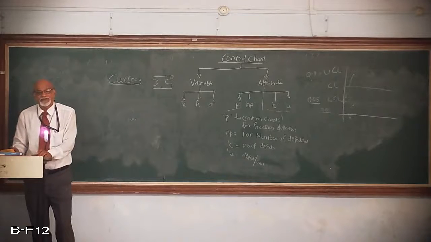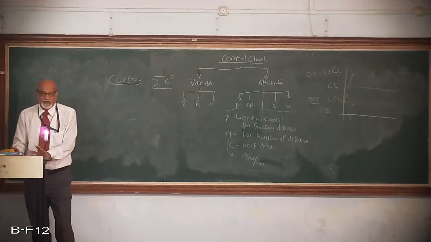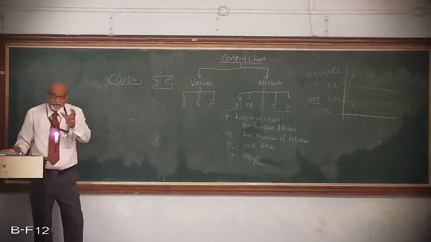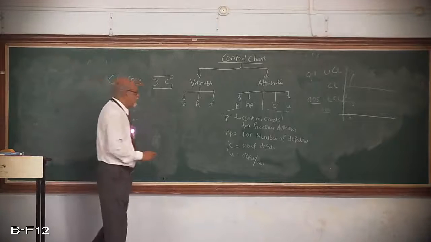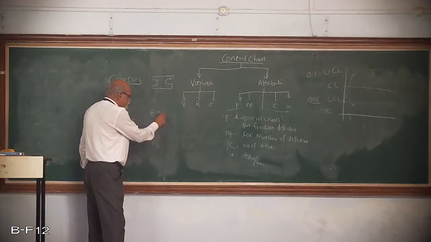What are those things? It is yes or no. Is it defective or non-defective? Whether it has got a defect or doesn't have defects. That means defective or non-defective is a two-way classification. That is why we say binomial. Bi means two.